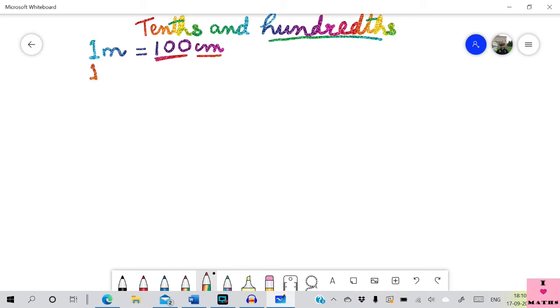So 1 centimeter is equal to 1 part out of the 100 equal parts of a meter. So beta, this is also written as 0.01 meter.